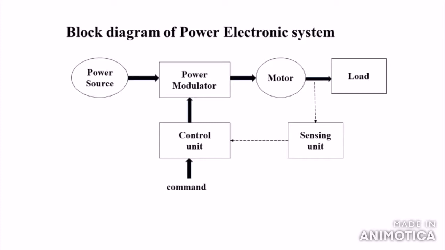Next, during transient operations, that is during starting, stopping, braking and also during speed reversals, the power modulator keeps the current of the motor as well as the source current within the permissible limit. These are all the major functions of the power modulator, and it is a very important part of the power electronic system.